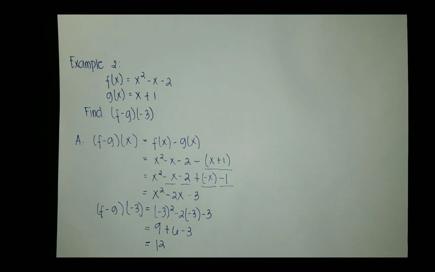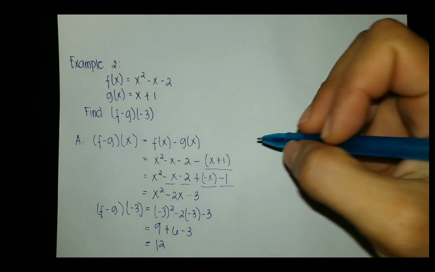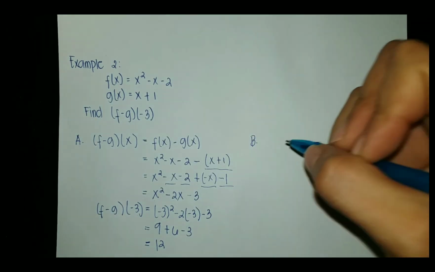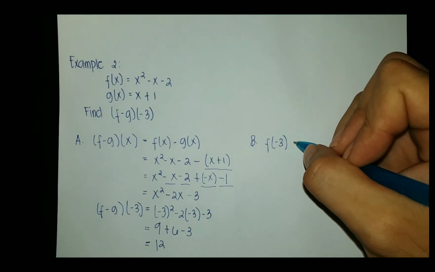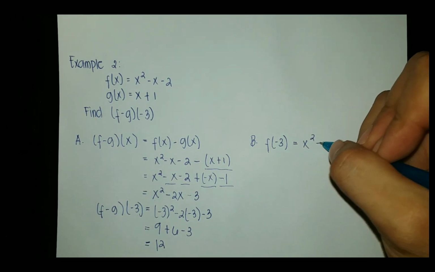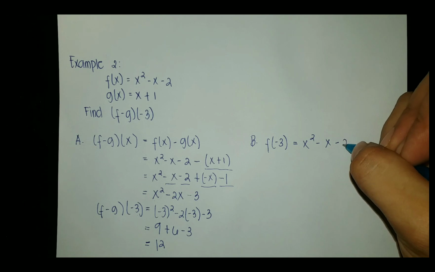Then for the other way, that is to find f of negative 3 first, then find g of negative 3, then subtract the resulting values. So find f of negative 3. That is x squared minus x minus 2.